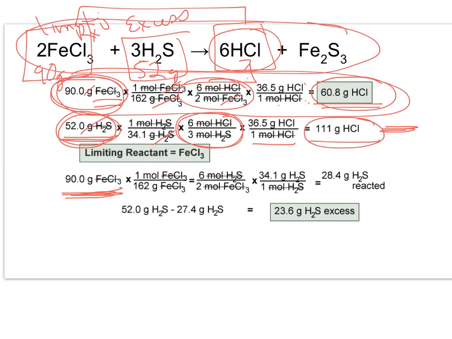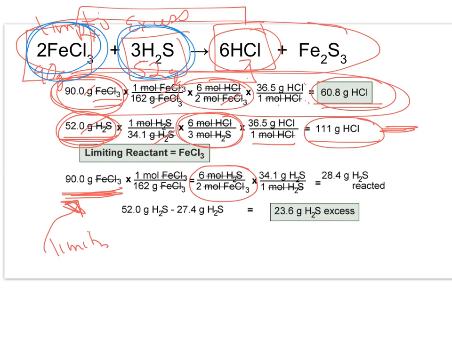So I know that I have 90 grams of my iron 3 chloride, and this is just a little bit different way to do this problem. What this is doing now is saying, well, I know this is my limiting reactant, and so this is doing a mole ratio that looks at the amount of this compared to this. In other words, how much am I actually going to use? I know I'm going to run out of that.